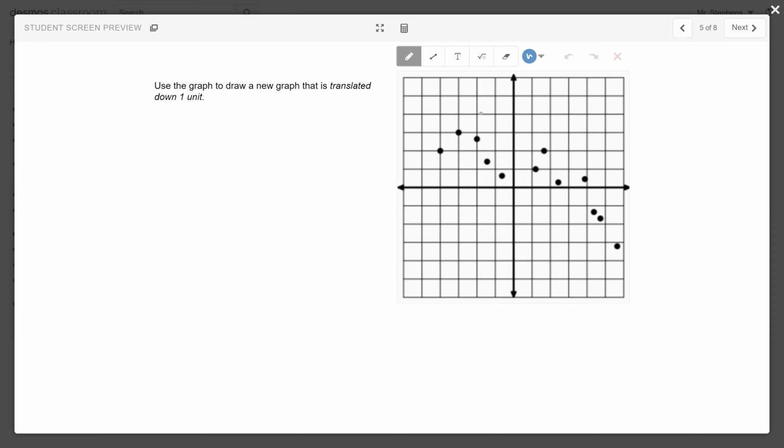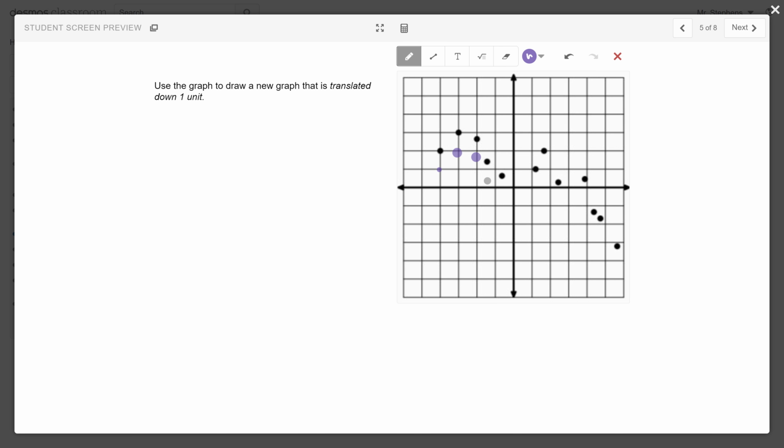Number 5, draw the new graph translated down 1 unit. Also so simple. What is weird about this, though, is I think it's too big. Some of these start to get kind of not exact. Oh yeah, look at that.